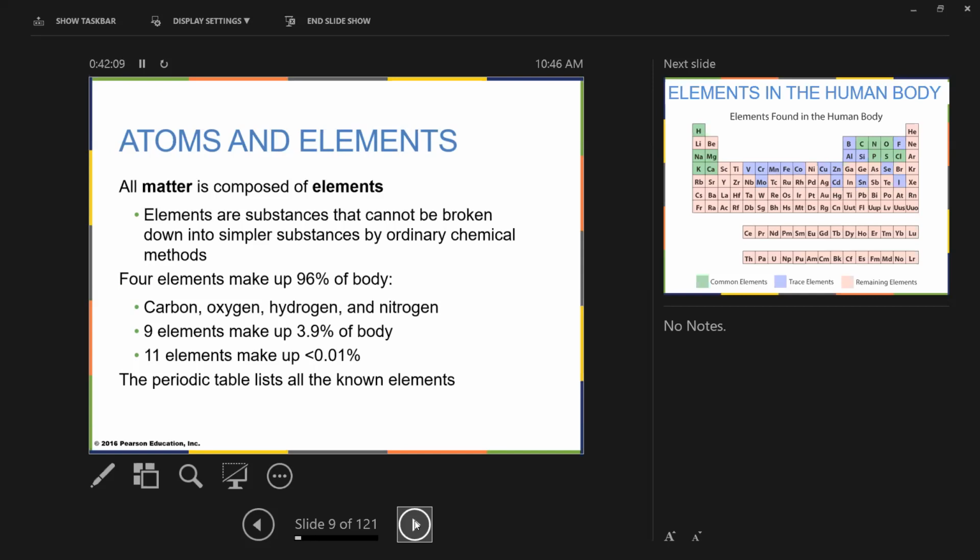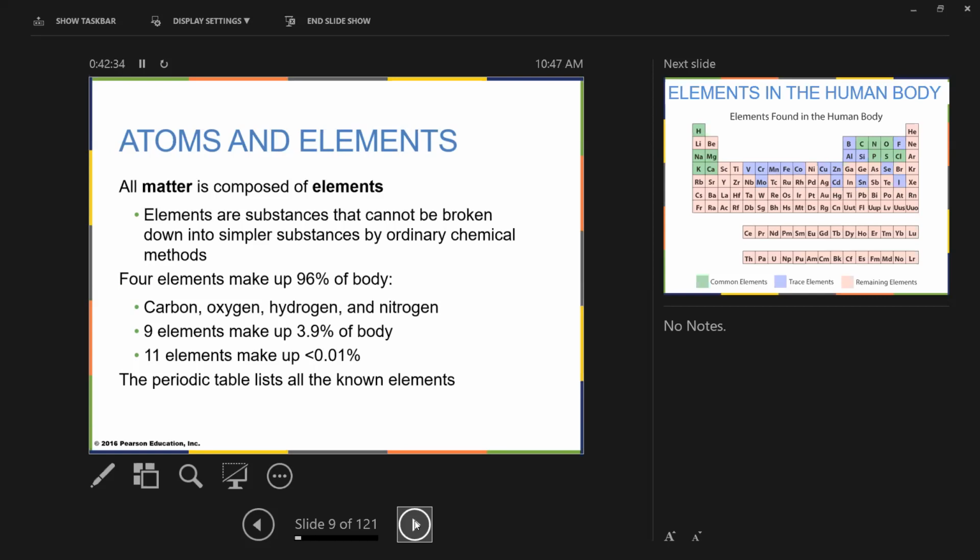In our bodies, 96% of our bodies are made up of the big four: carbon, oxygen, hydrogen, and nitrogen. And 70% of our body is water. So that's oxygen and hydrogen right there. Nitrogen shows up in the amino acids that make up our proteins and in our DNA.